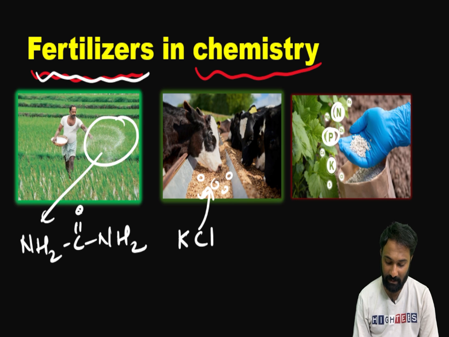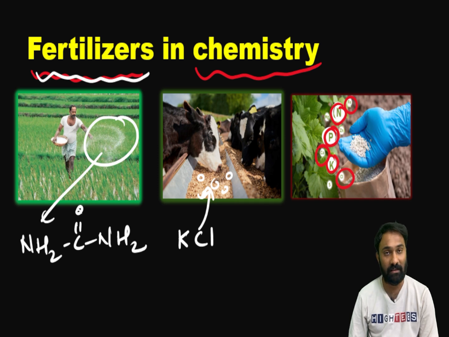Other elements we use in fertilizers are mainly nitrogen, phosphorus, potassium, and we also use iron, chlorine and zinc. These are some essential compounds that we see in our daily life and use in our fertilizers also.